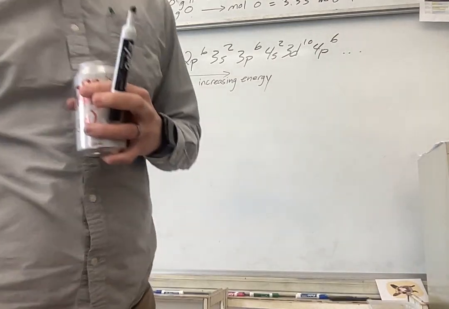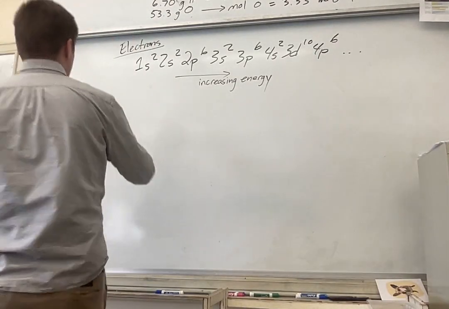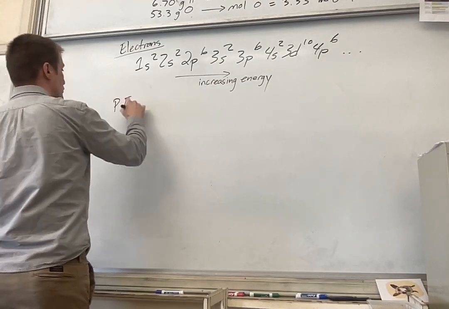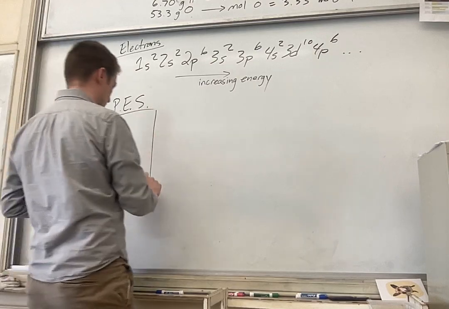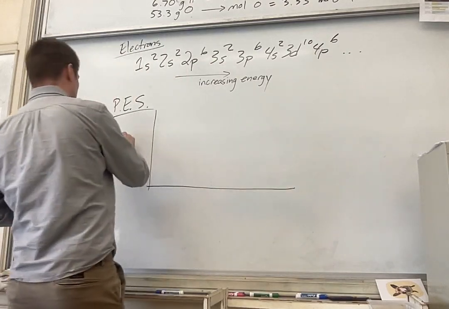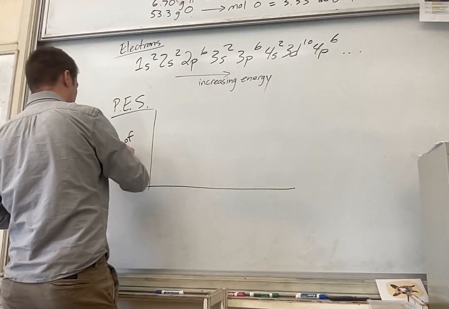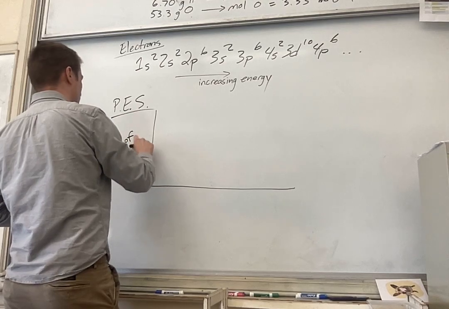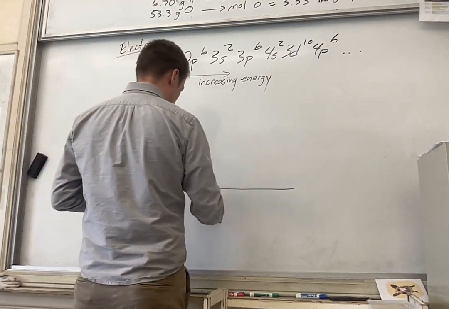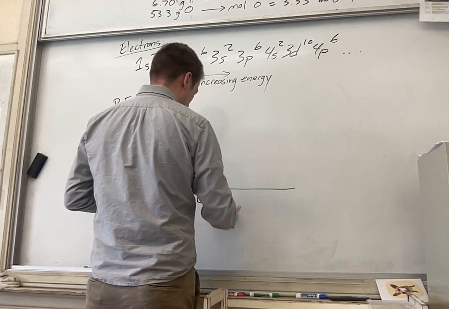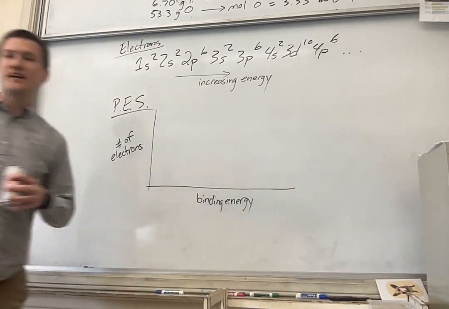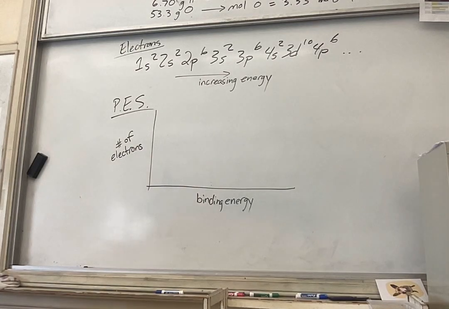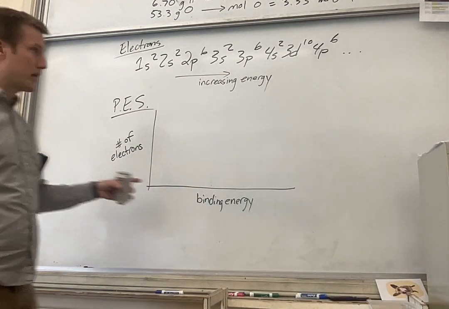The PES, the photoelectron spectroscopy graphs. They love those. This is number of electrons, and this is usually binding energy, or in other words, ionization energy, like how much energy it takes to eject those electrons.